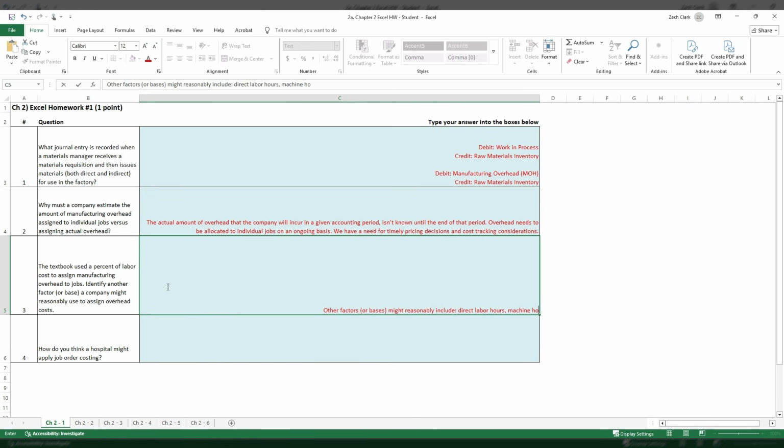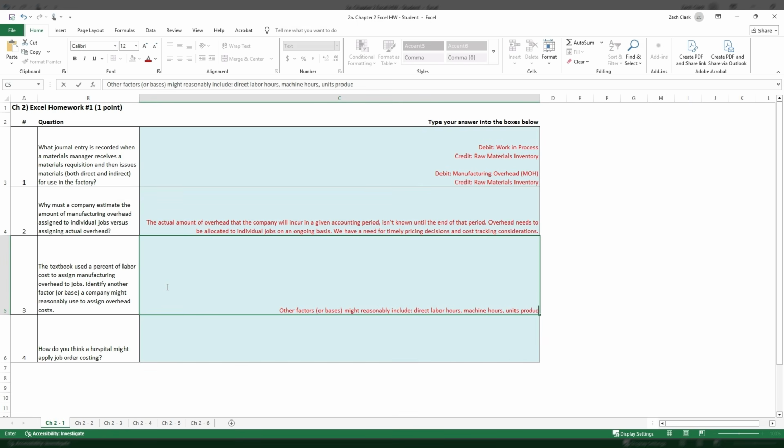So on machines, if you're in a factory, sometimes they can track how many hours were used on a given job with that machine. And if we say, oh, okay, we're producing some sort of product and we used 10 machine hours on that job, then we could just say for every machine hour, we're going to allocate whatever amount of overhead times that rate that we came up with based on machine hours.